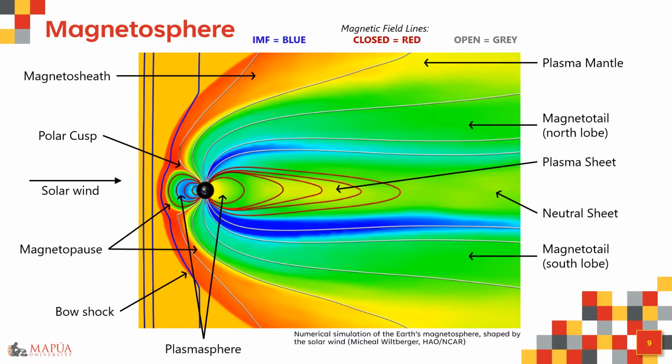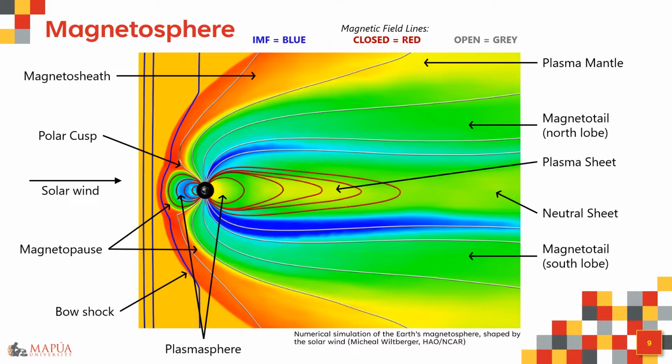Okay, so the magnetosphere has these parts, and you already have your homework related to this, wherein I ask you to state the plasma density as well as plasma temperature of these regions of your magnetosphere.